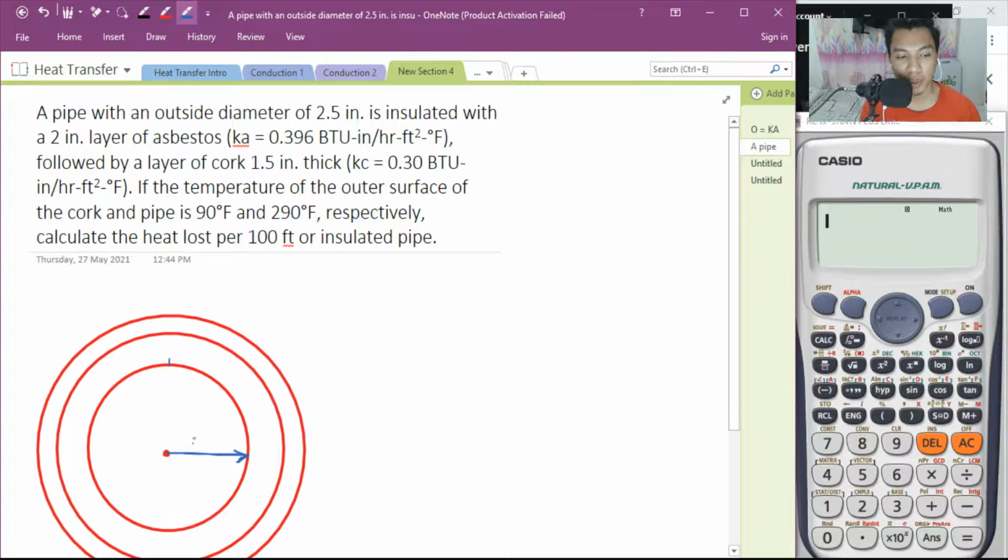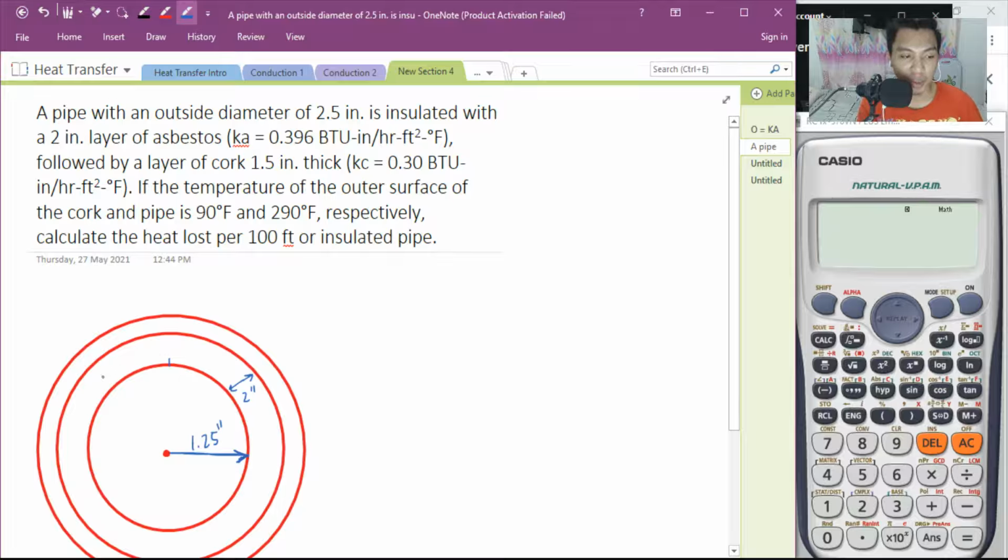So, kapag radius yan, 2.5 divided by 2. Okay? So, that is 1.25 inch. And then, babalutan mo pa daw ng 2-inch layer ng asbestos. So, ganito daw kakapal yun. 2 inch. From here up to here. Okay? Hindi man halata sa drawing.